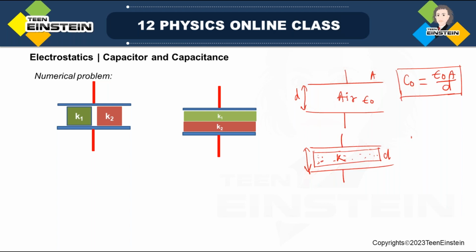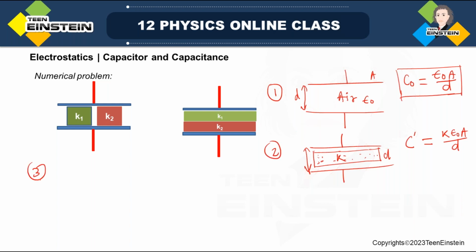So in this case, the capacitance of the capacitor will be C prime, and that is actually K epsilon naught A by D, since K will be multiplied here. So this is what we had learned. And a few more things we'll just recap. So this is one, this is case second.